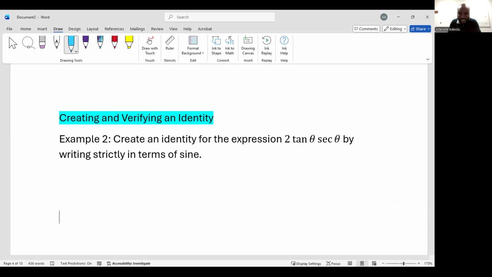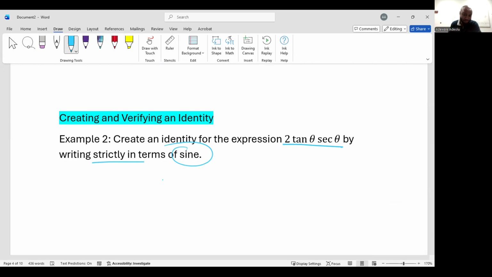We want to create in this form, meaning we'll keep simplifying until the very end. So in this case, we want to simplify this expression strictly in terms of sine. Look at it, we have tangent, we have secant, but we want to simplify it, and our final answer should only be in terms of sine of theta.